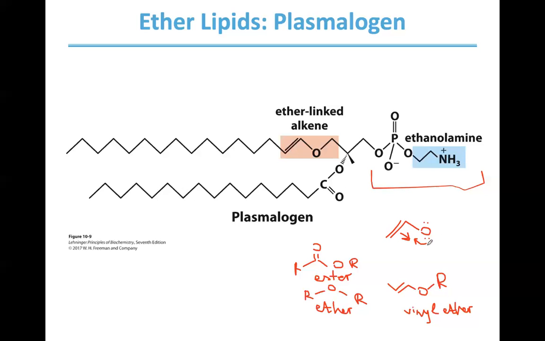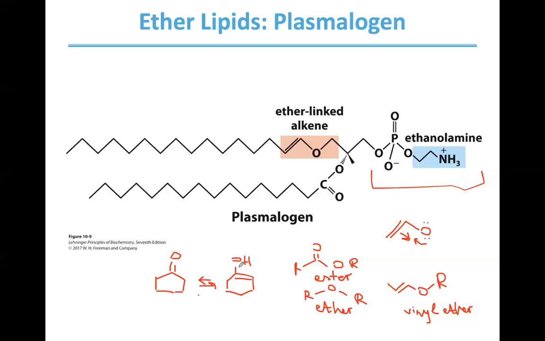And remember also keto-enol tautomerization. When you have a keto group, right? And you have the enol group. And we know that enols are not very stable.